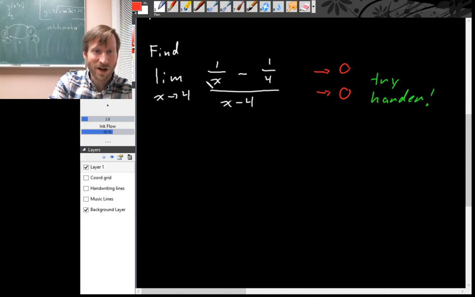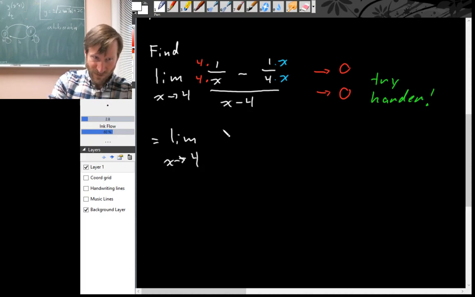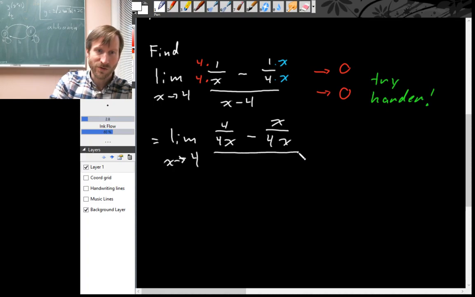So to put these over a common denominator, on this 1 over x part, we'll have to multiply by 4 in the numerator and denominator. And in the 1 over 4 part, we'll have to multiply the numerator and denominator by x. That will give us the limit as x goes to 4 of 4 over 4x minus x over 4x, all over x minus 4.